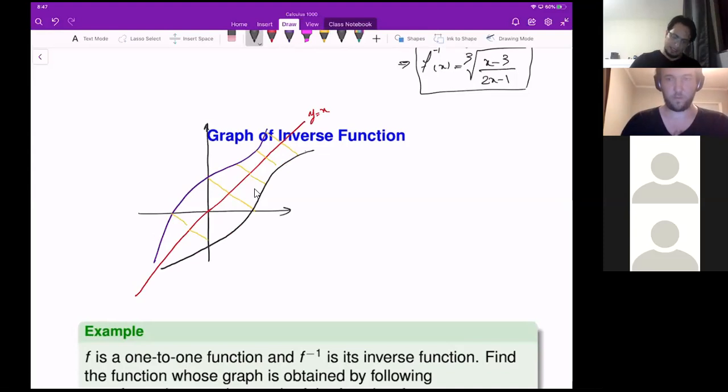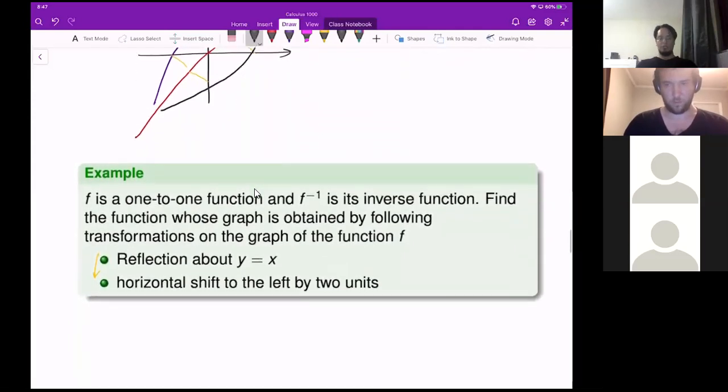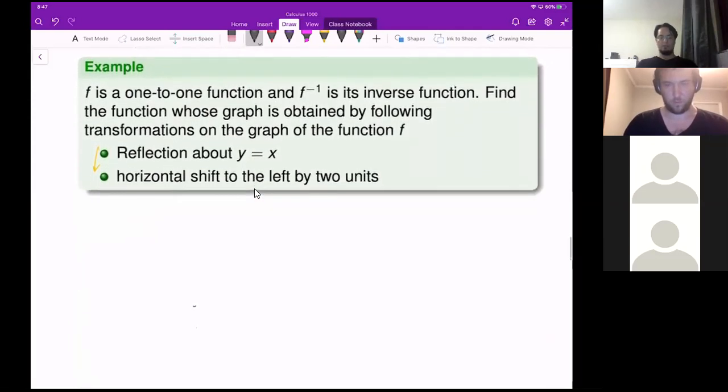So if this guy was the graph of f, now the black one is the graph of f inverse. And that brings in a new transformation. If you have a graph of a function, and it is one-to-one, if you do the reflection about the line y equals x, you are basically going to its inverse. So that's what it means.